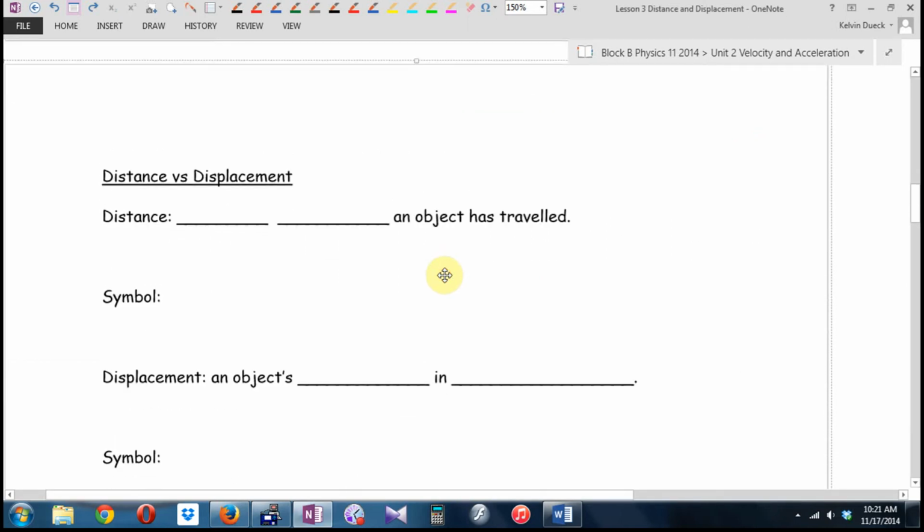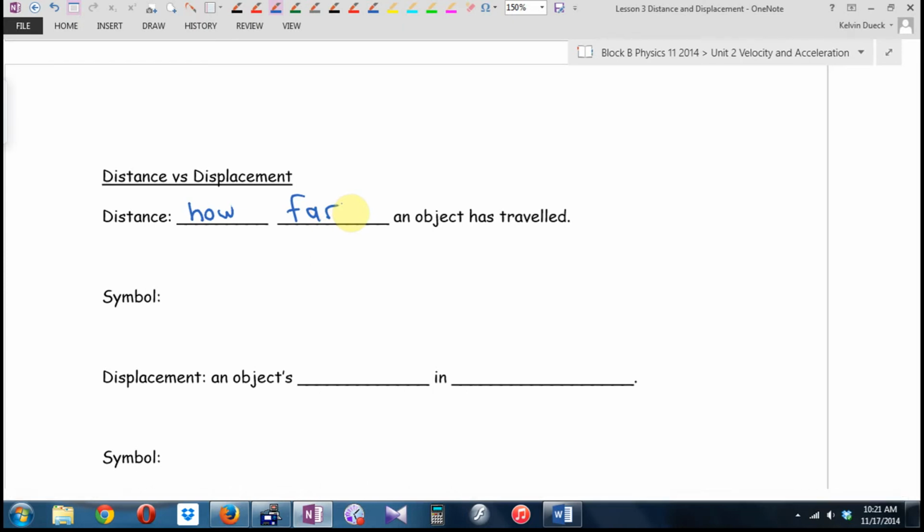Distance versus displacement. Let's get a little formal. Distance is very simple. It's how far an object has traveled. Symbol. The correct symbol for distance is an S. It's from Latin.